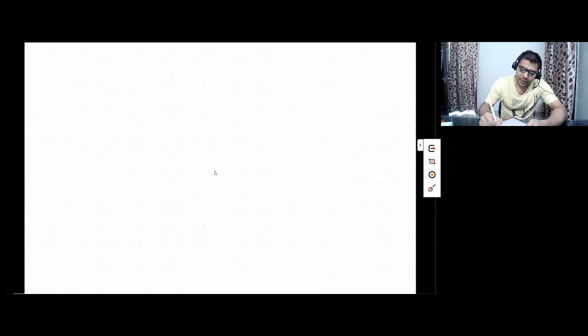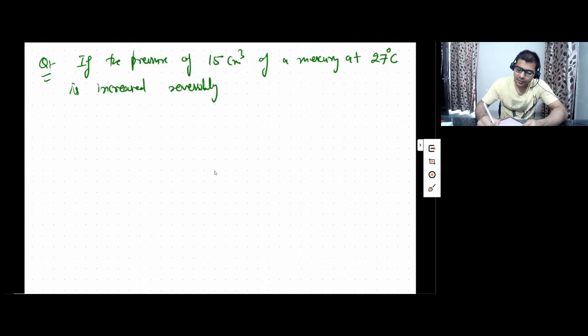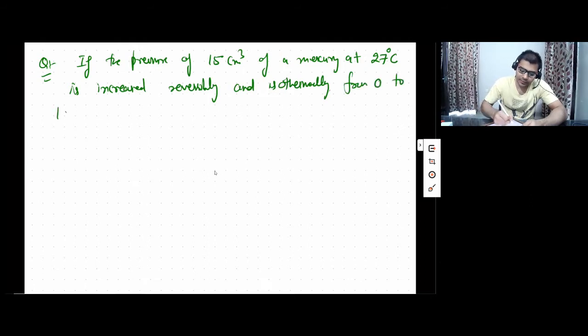Suppose the pressure of 15 cubic centimeters of mercury at 27 degrees centigrade is increased reversibly and isothermally from 0 to 1000 atmospheric pressure.